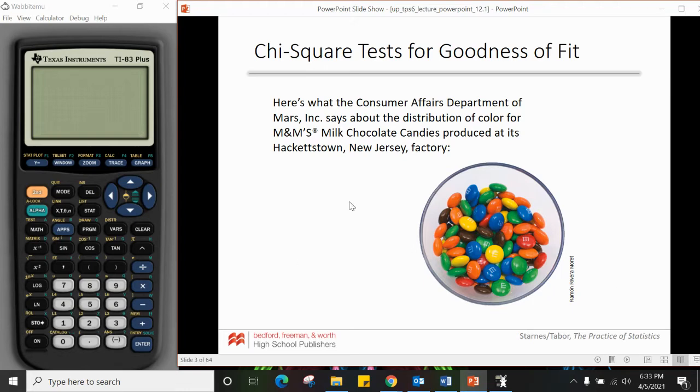So for this example, here's what the Consumer Affairs Department of Mars Inc. said about the distribution of color for M&M's milk chocolate candies produced at its factory in New Jersey. Brown is 12.5%, red is 12.5%, yellow is 12.5%, green is 12.5%, and orange and blue are both 25%. Before in chapters 8, 9, 10, or 11, you would only be able to say what percentage of M&M's are red or what percentage are blue. You wouldn't be able to test all six different kinds. You would only be able to do one specific category.